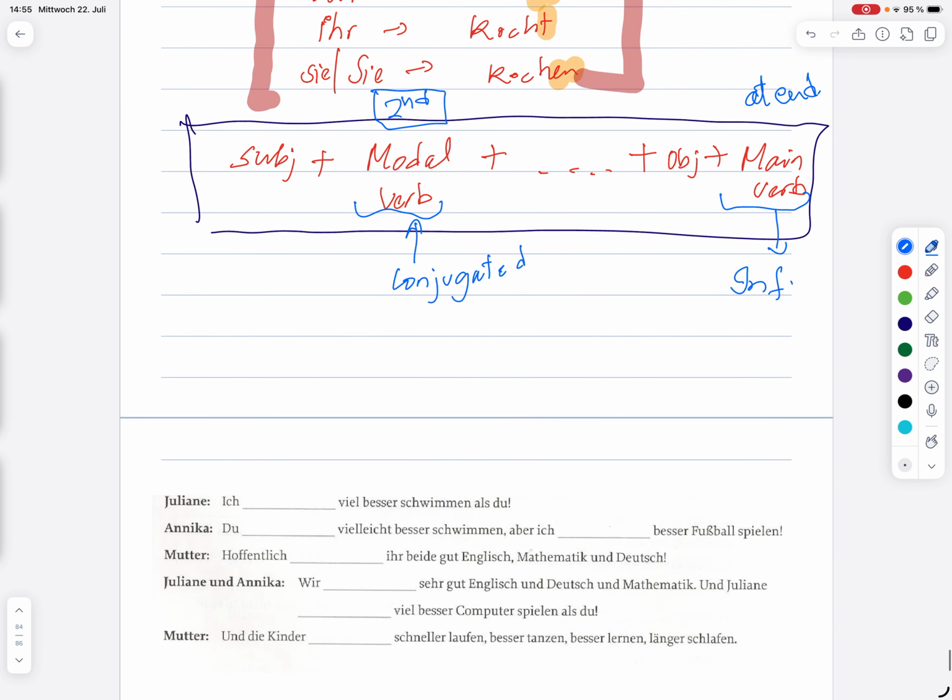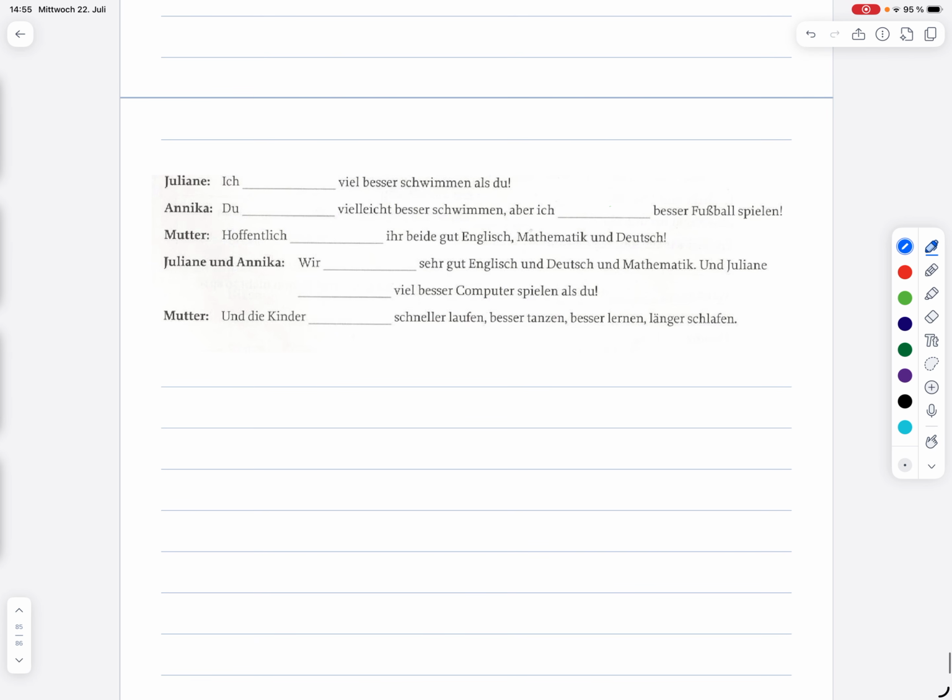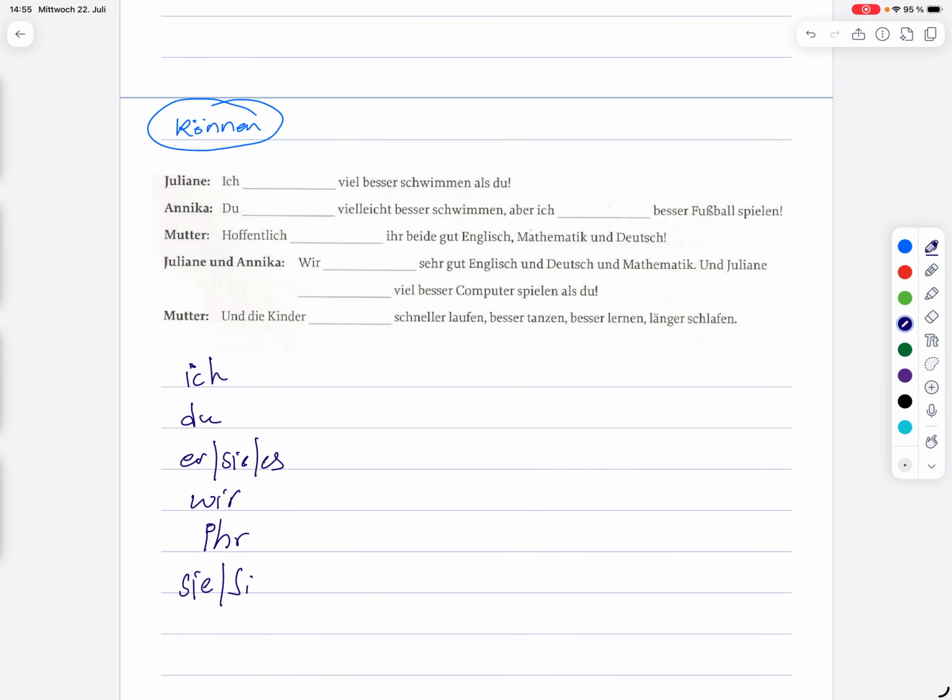So now let's look at some examples. Here we will do some examples with the modal verb können. So for easiness, let's do the conjugation first of this verb, and then we will do these sentences. So we have ich, du, er, sie, es, wir, ihr, and sie, right?